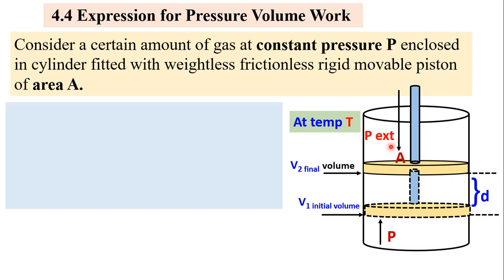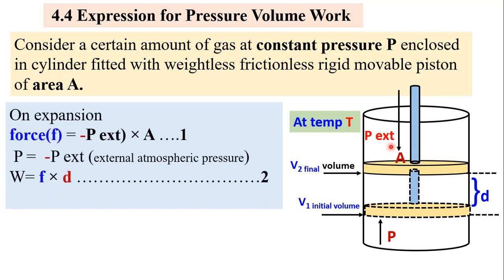Now, if this gas is allowed to expand, the gas pushes the piston in the upward direction through a distance d, and the initial volume V1 changes to V2.